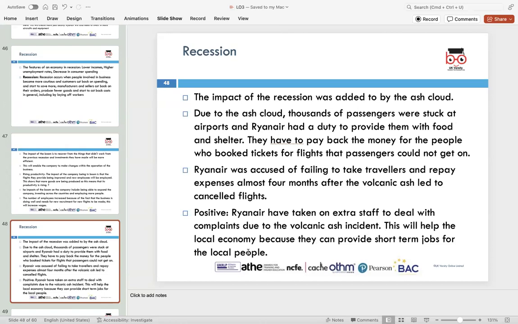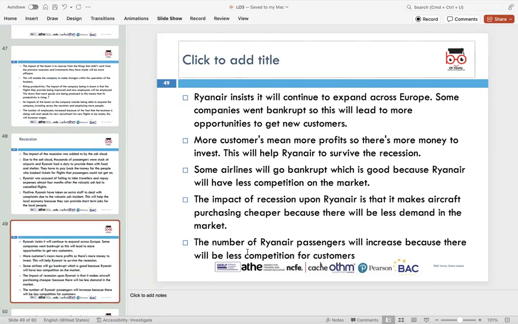This will help the local economy because they can provide short-term jobs for local people. They have also stated that they will proceed with an expansion throughout Europe.